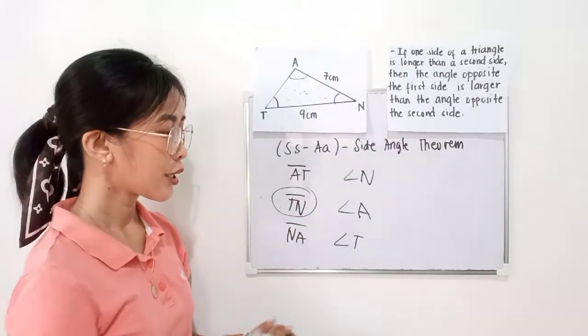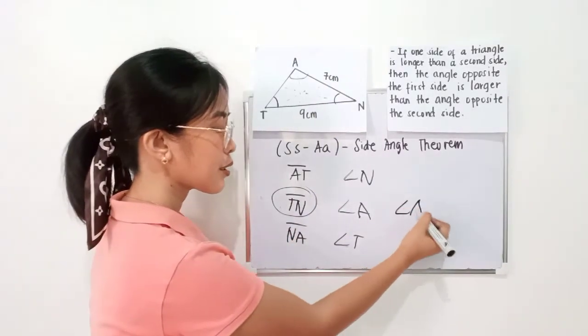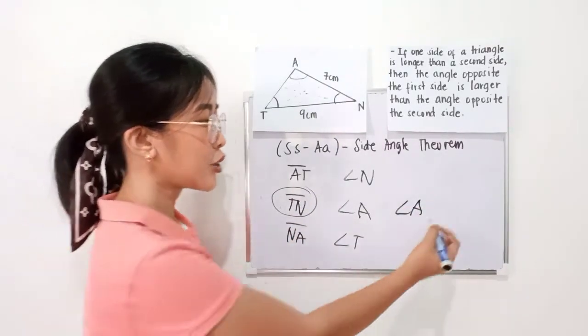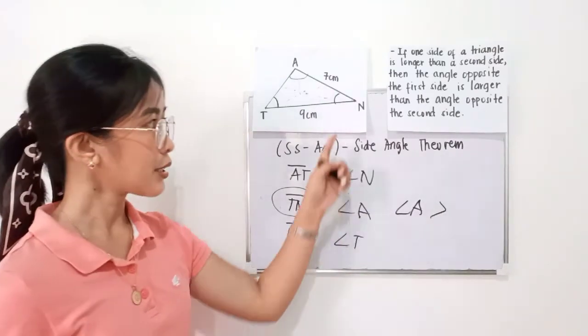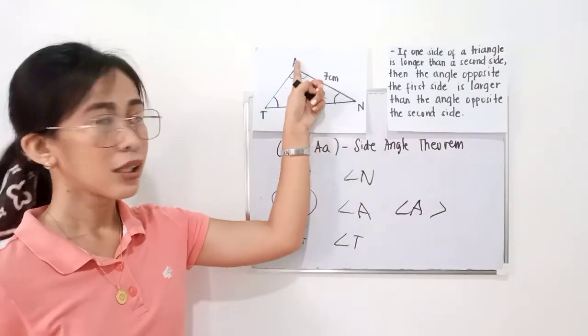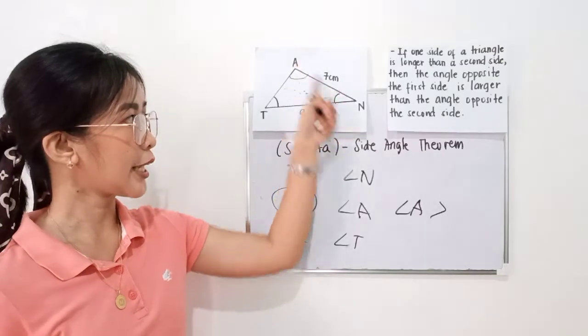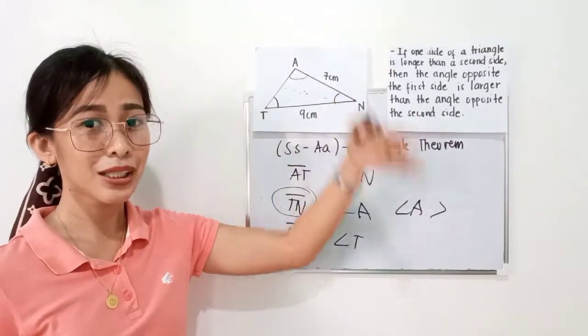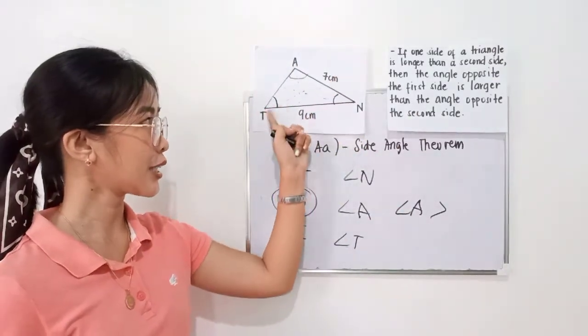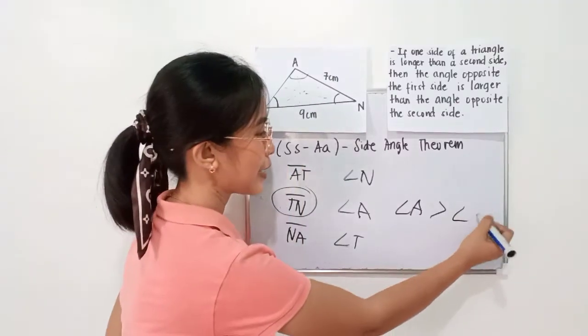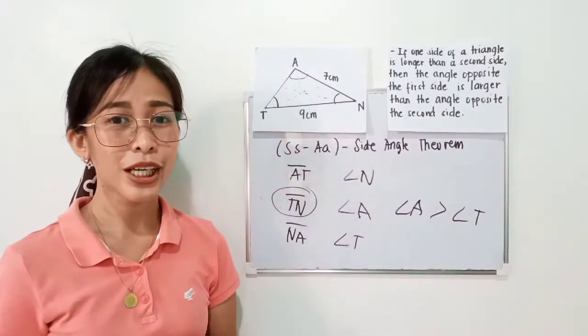So, angle A is greater than angle, who is opposite to 7 cm, or AN, or NA? It can be reversed, okay? So, we have angle T. Definitely, that's all it says.